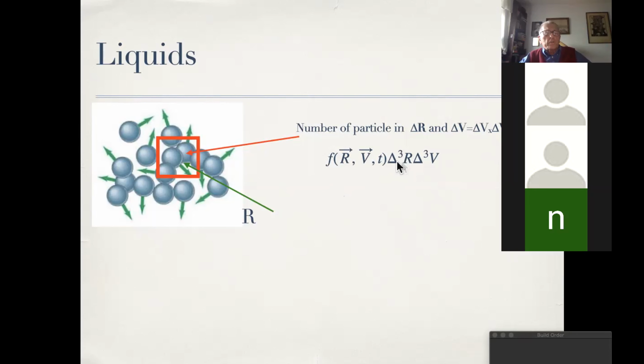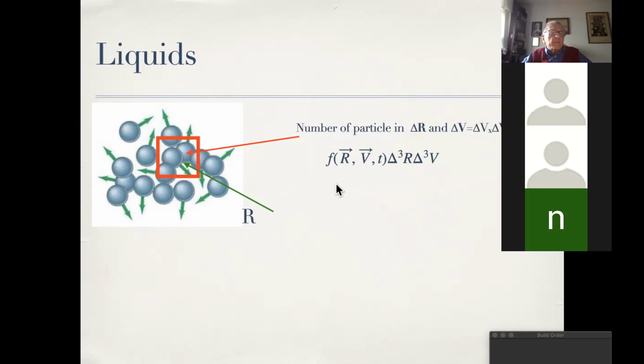So it's proportional to delta R and delta V. And there is a prefactor, a number, which obviously depends on the position, depends on the velocity, and depends on time. Because particles move, therefore they can escape from our volume or come into our volume. So that must be a time-dependent quantity.